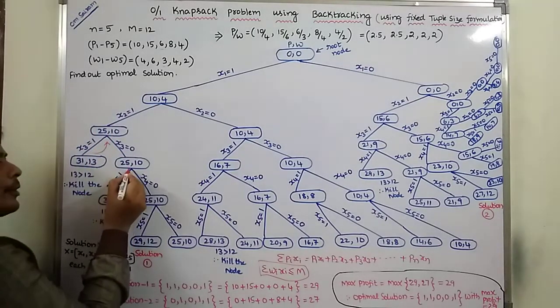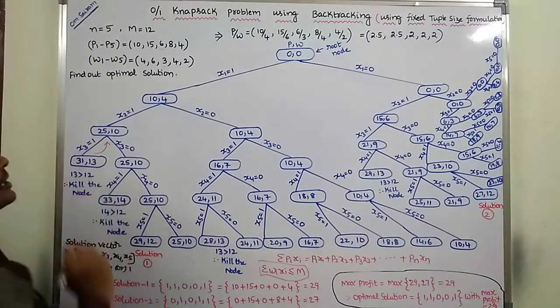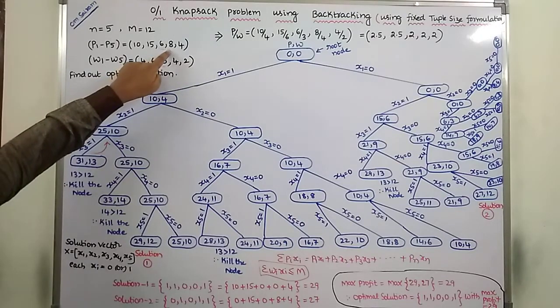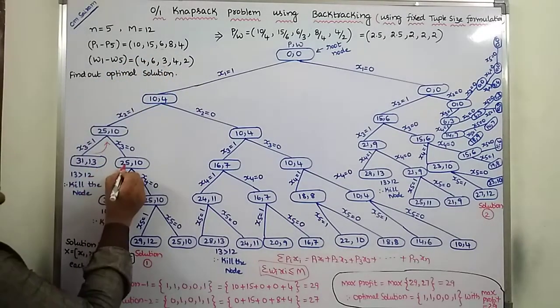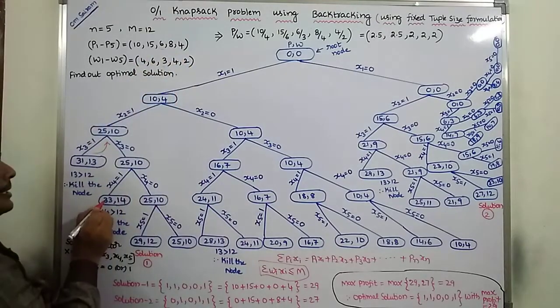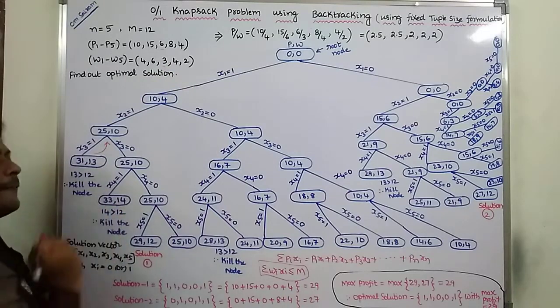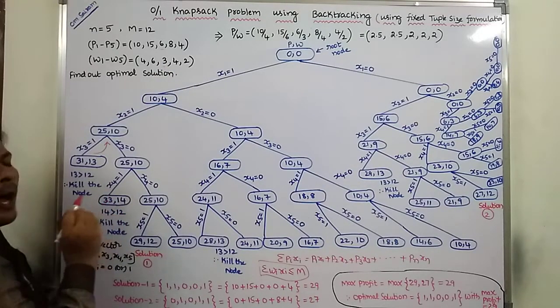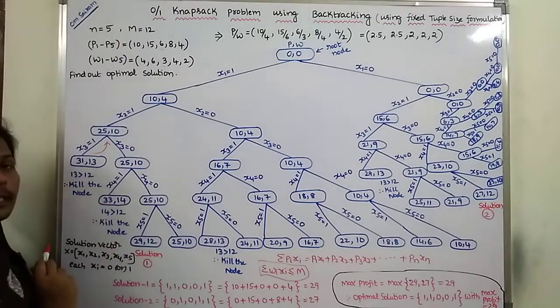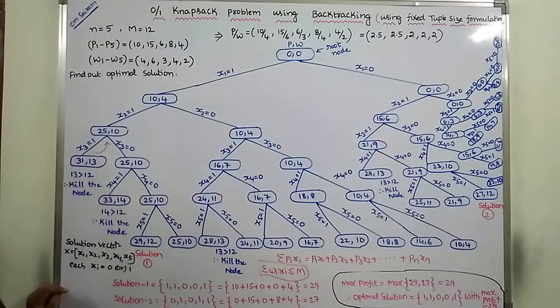Okay. Now we go for the fourth object. So now the fourth object is considered. Fourth object profit is 8 and weight is 4. So 25 plus 8, that is 33, and 10 plus 4, that is 14. Here also the sum of the weights of the objects that we have considered is greater than the capacity of the knapsack.